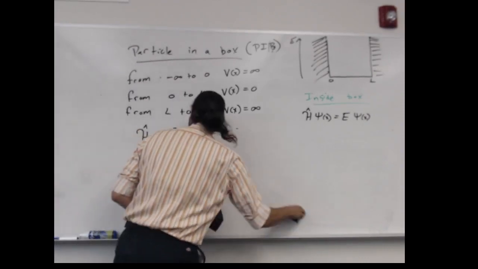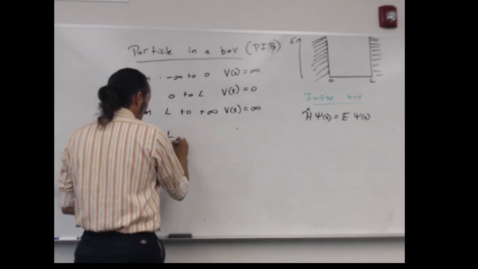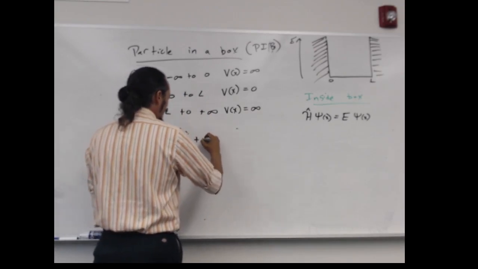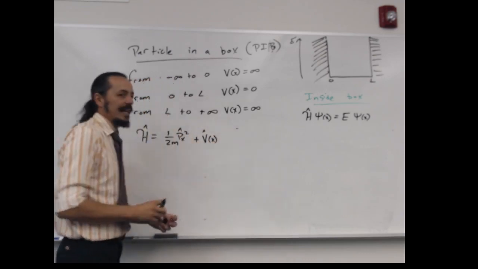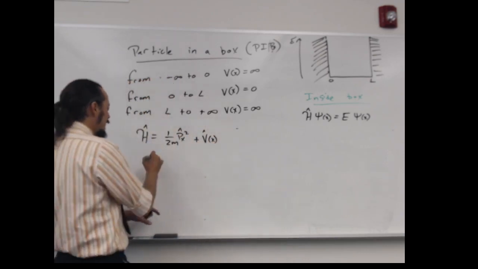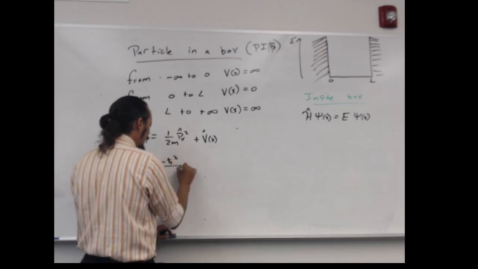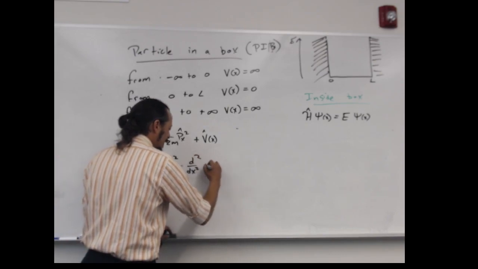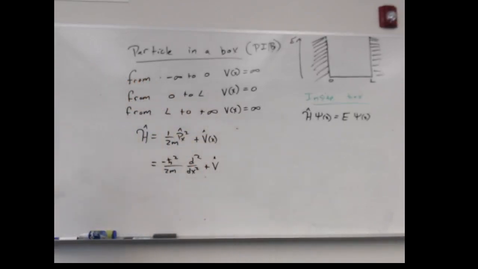Well, let me write this a little bit, sorry. 1 over 2m p of x hat squared plus V of x, some potential. This means for us, now I'll write the thing I was about to write, that we're almost always going to have negative h bar squared over 2m d by dx squared plus some V, some potential energy.